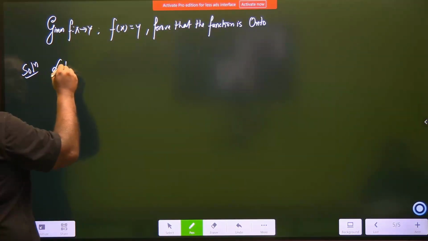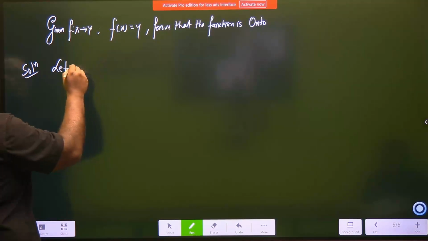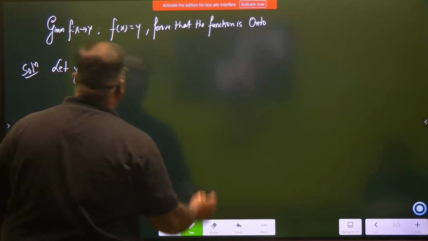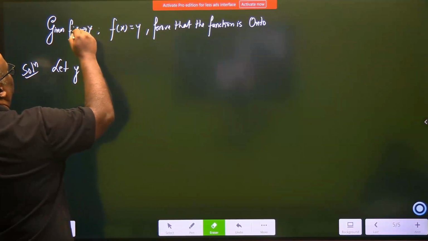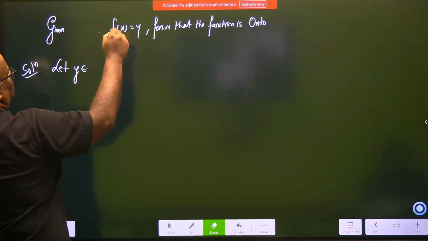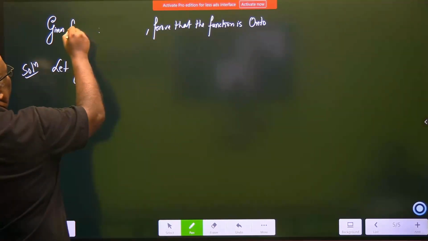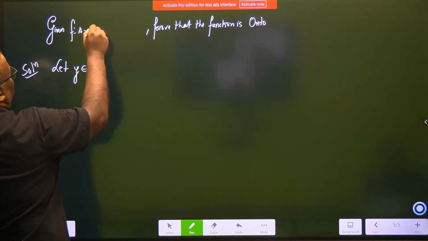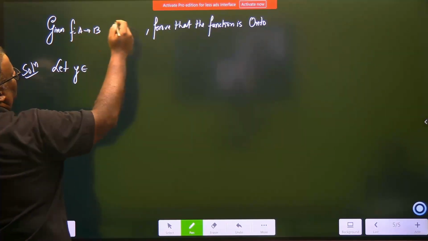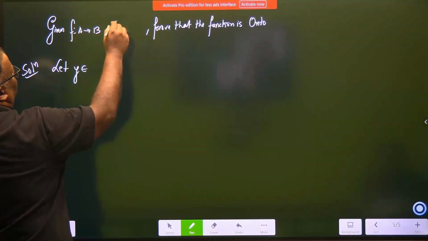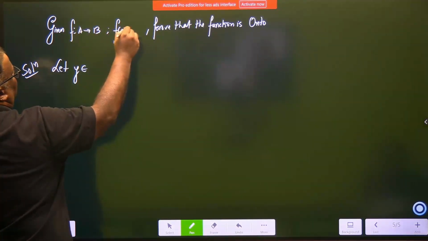We'll say, let y belong to... if it gets a little bit confusing, instead of x, let's make it like this. f is a function which maps from A to B, and we say f of x is equal to y.